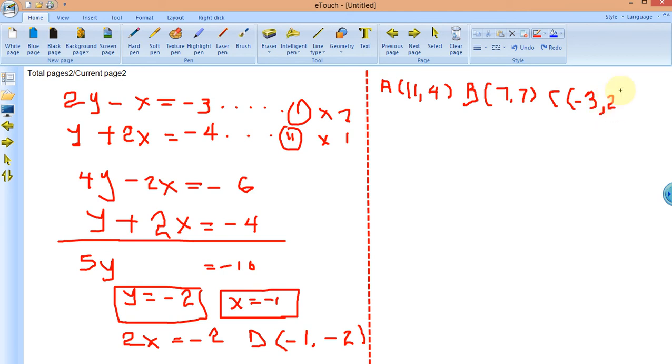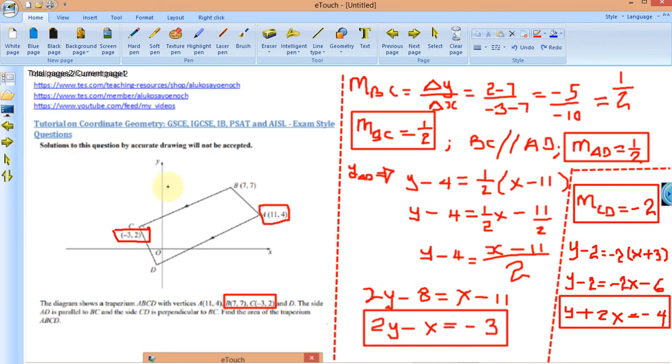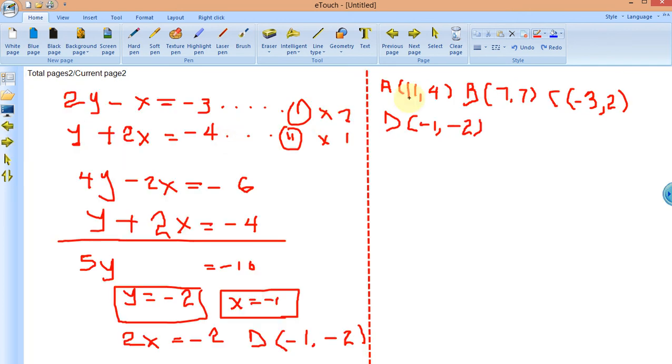And the final coordinate, D, is -1,-2. Okay, so now let me just confirm: A is 11,4, B is 7,7, C is -3,2, and D is -1,-2. Okay, 11,4, it's correct.